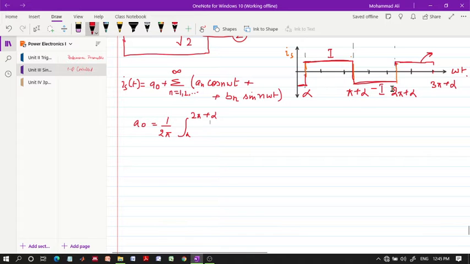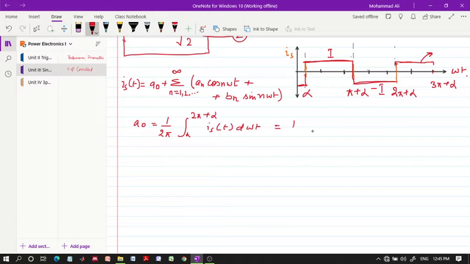The range total is of 2 pi, that is why it is like this, and we are taking the integration cycle from alpha to pi plus alpha of i of omega t, d omega t. That means we are trying to find the average value, right?